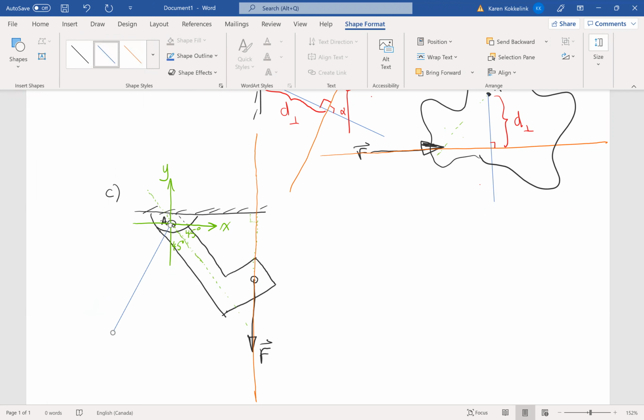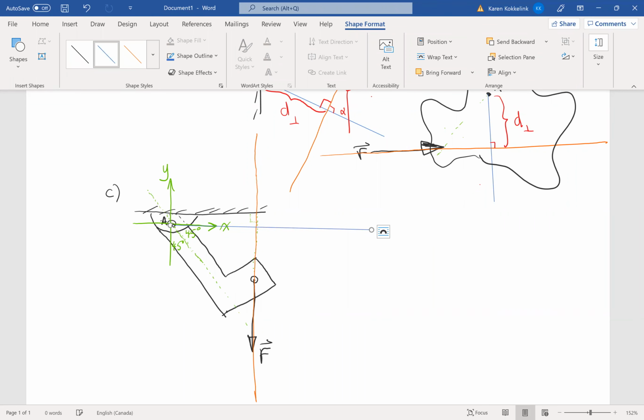So there's our other line. And we want this to intersect with the orange force line until it's perpendicular. Right now it is parallel with that force line. There we go, touching the force line, but it is not at a 90-degree angle. I'm going to go through and wait until it's a 90-degree angle. There we go. Now I have a 90-degree angle.